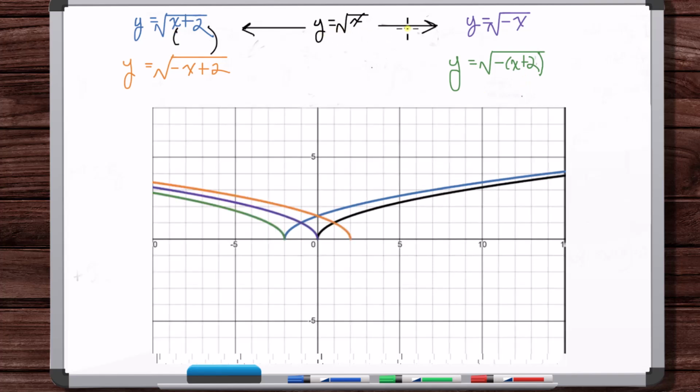Now, if we look at this direction here, we started with y is equal to the square root of x in black. We flipped about the y-axis, but there was only one option because we were on the original y-axis. If you're already on the original y or x-axis, then there's only one option to flip about that axis. So we got this purple graph, and then we shift that purple graph to the left 2 units, and you just replace x with x plus 2.